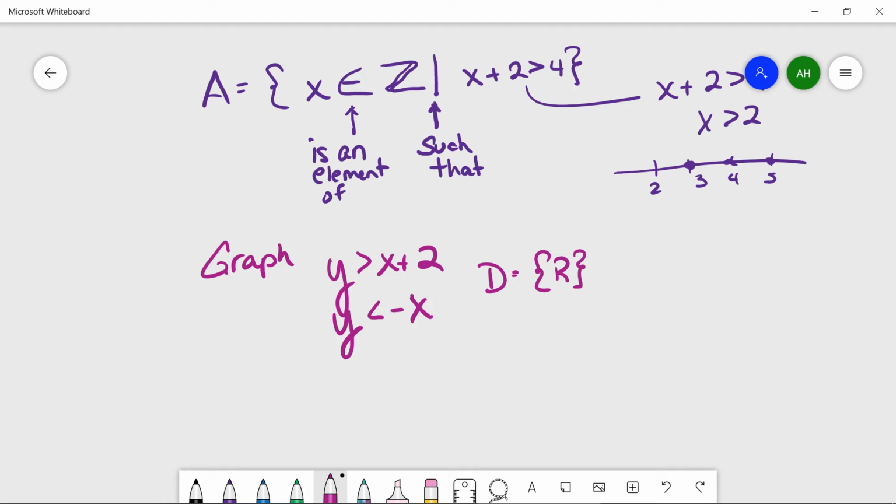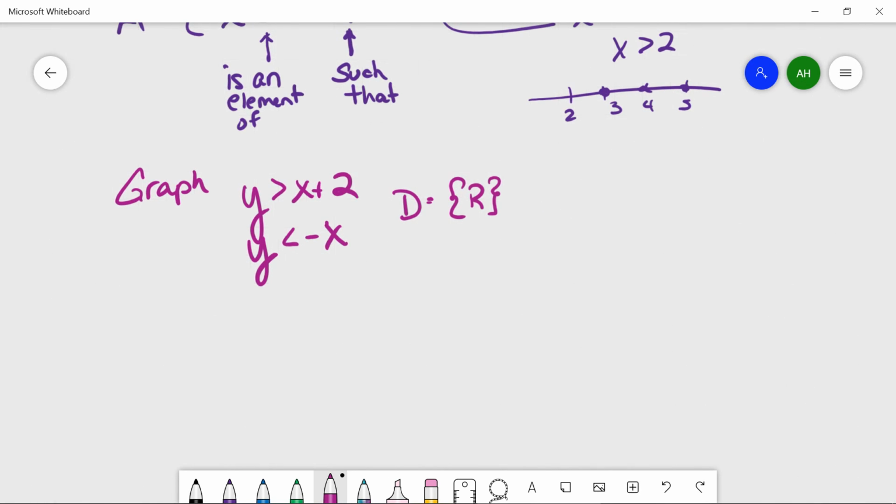All right, so now we're going to wind up writing this. The way we would write this in our notation is that we're going to graph a set whose members x, y are the ordered pairs of x and y.